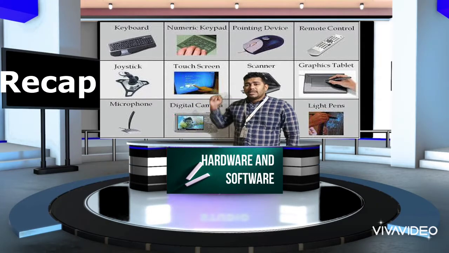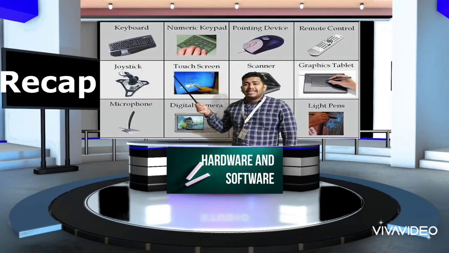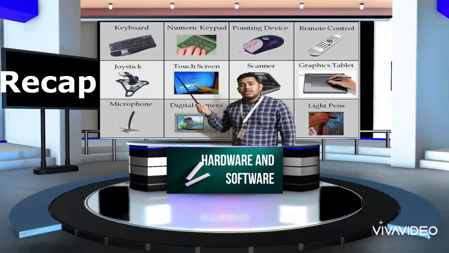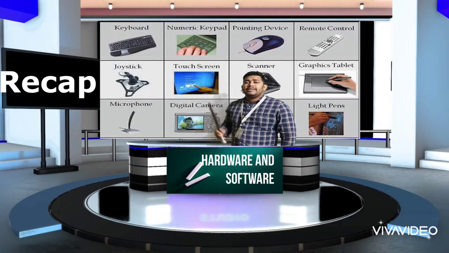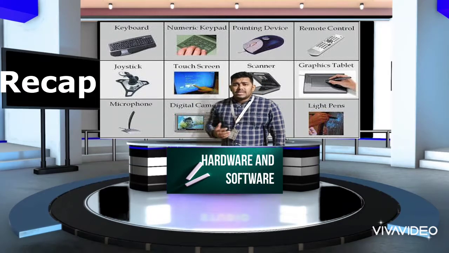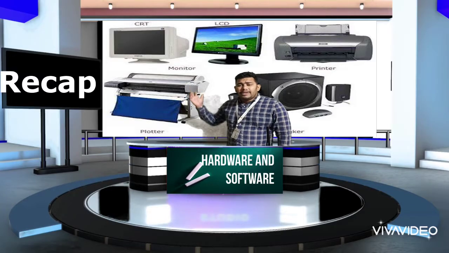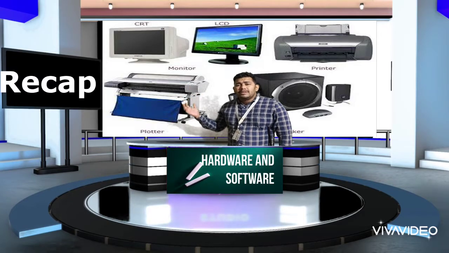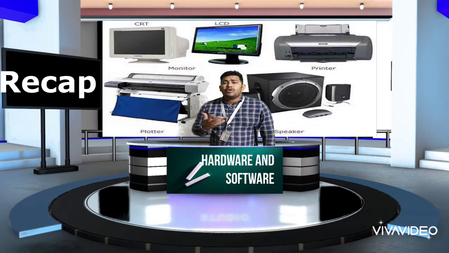For the input devices, we have learned mouse, keyboard, then joystick, then scanner. These are all your input devices. Similarly, output devices are your monitor, your printer, speaker. These are your output devices. So we have gone through it.